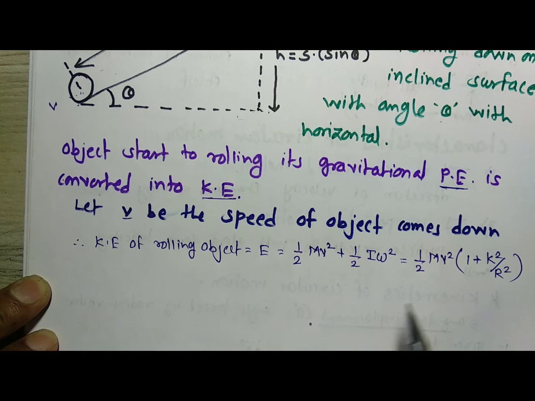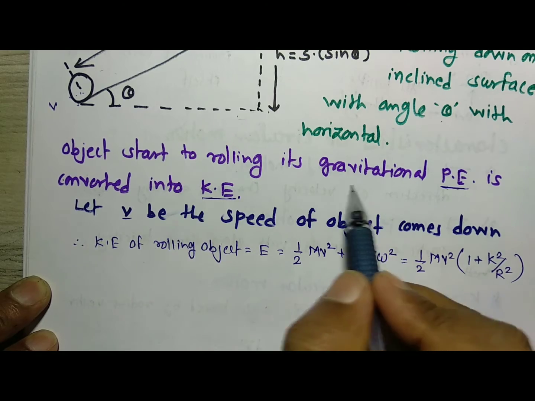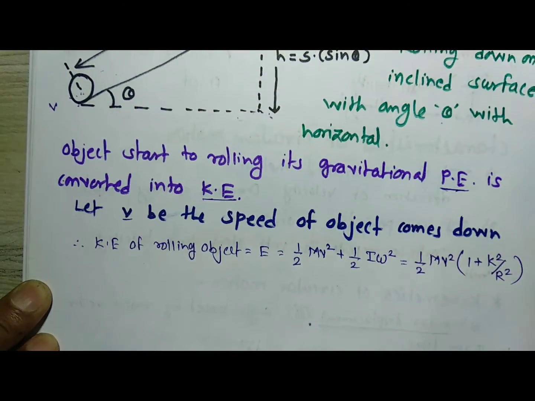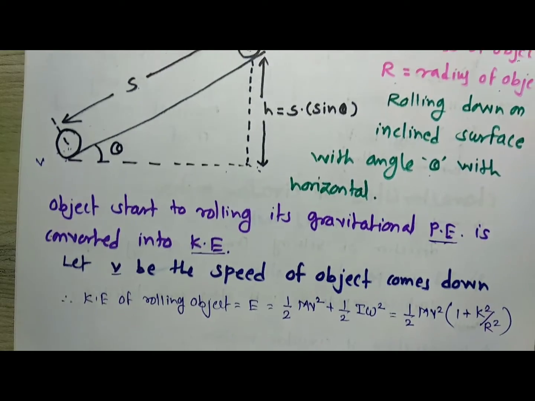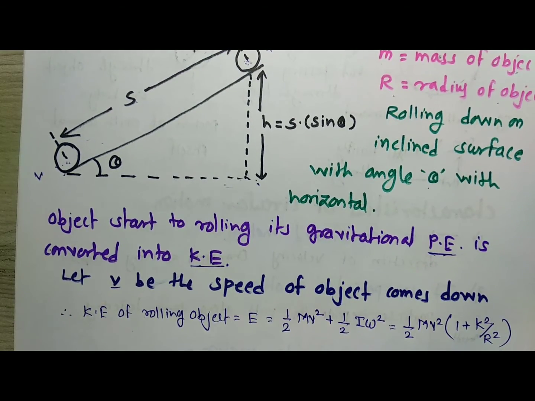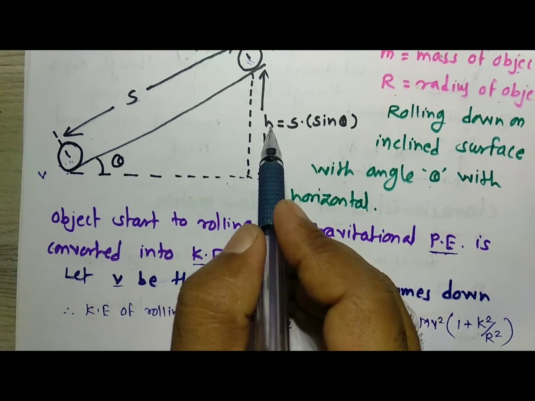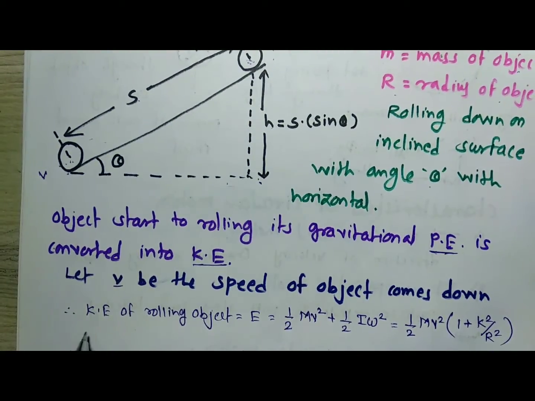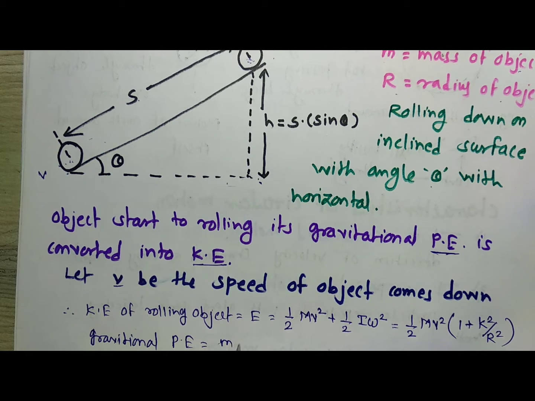We know that this kinetic energy of the rolling object is a conversion of gravitational potential energy. The body is at height h. Potential energy is obtained due to the position of the body, so with h the height of the body and m the mass of the body, the gravitational potential energy is equal to mgh.